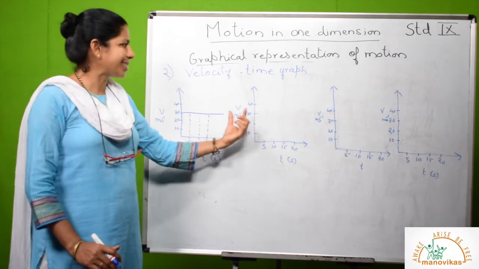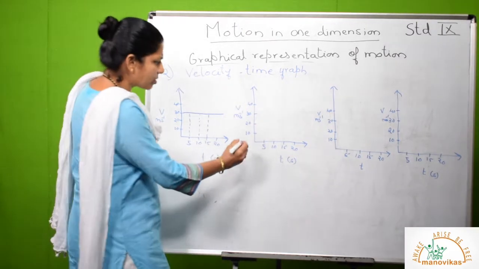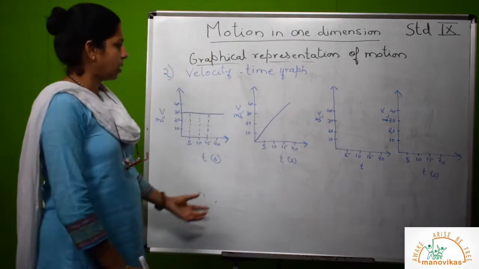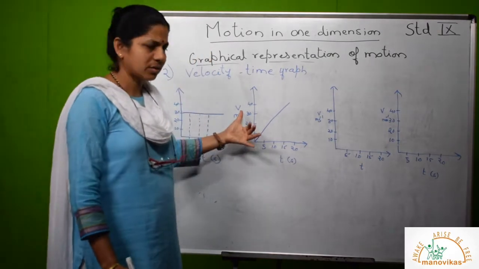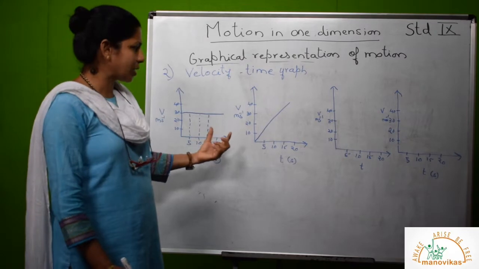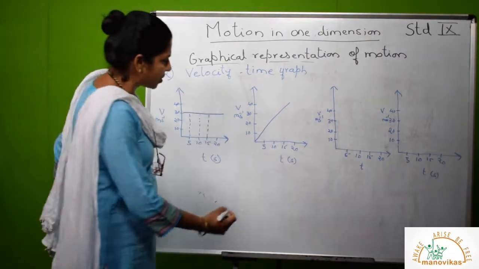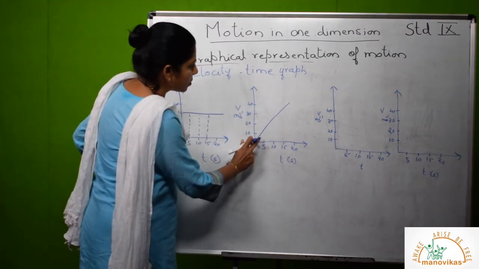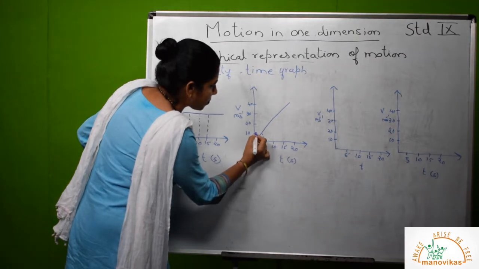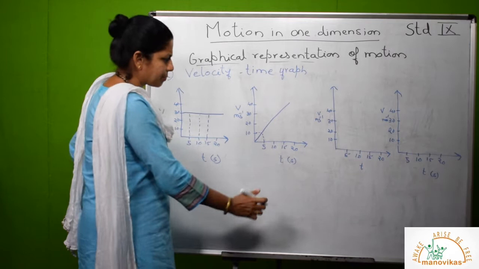Now we move on to the second type of graph under velocity time graph. Suppose it's a straight line passing through the origin. In such a velocity time graph, where you have a line passing straight, you can find the acceleration. So here you find after 5 seconds velocity is 10 meters per second.